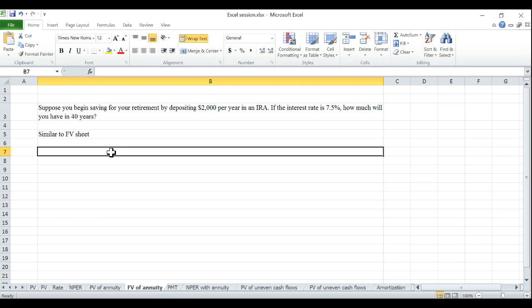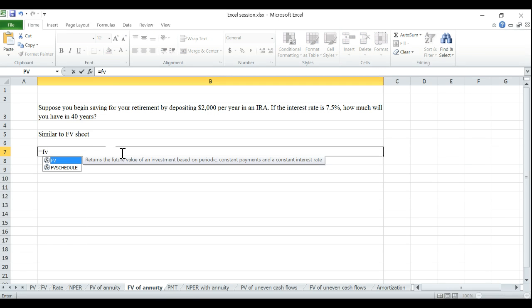So this is the same as the future value function that we saw in the first video. So equals future value, and then we have the interest rate, that is 0.075. Then number of periods is 40 years. Then it is asking us for the payment, and we are going to deposit $2,000. So $2,000 is going out of my pocket every year.